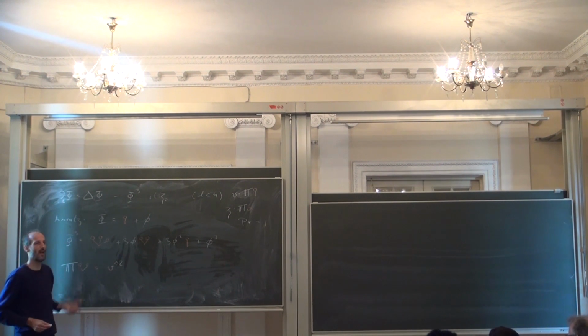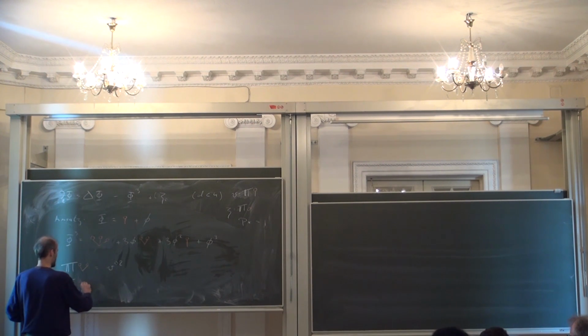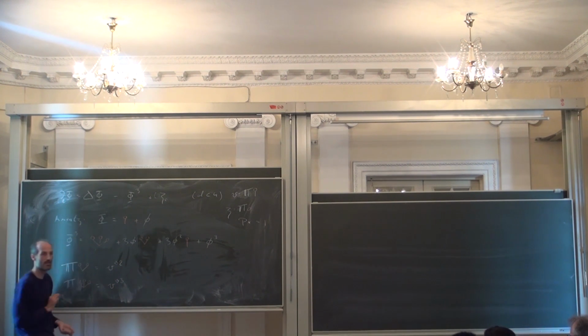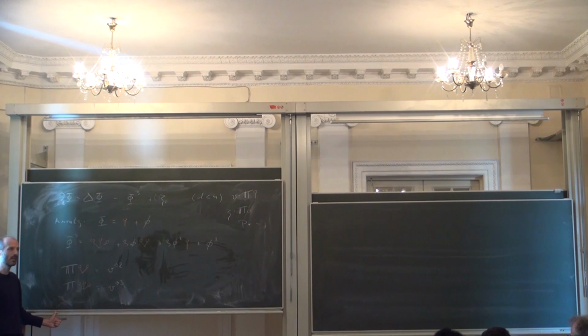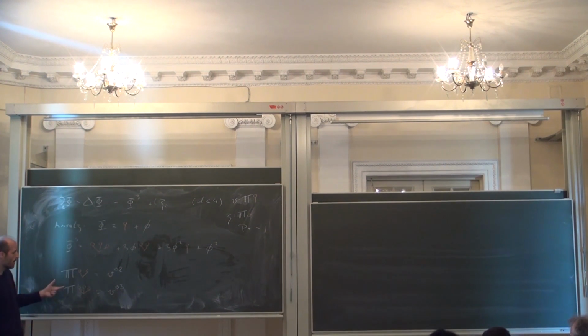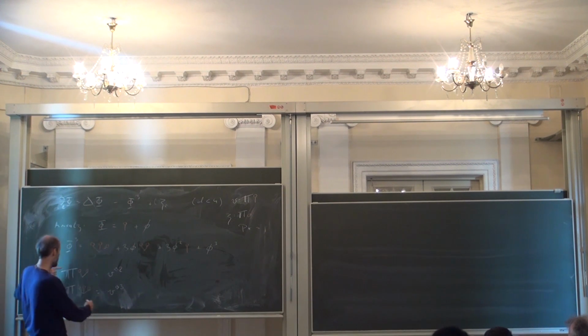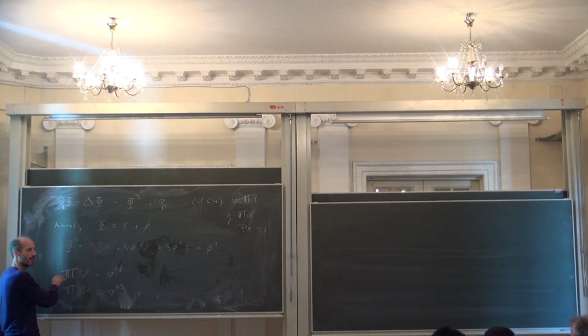So it's the Wick square of the process V instead of just the usual square of the process V. And for this guy here, I could define the map boldface pi in such a way that it just spits out the Wick cube.